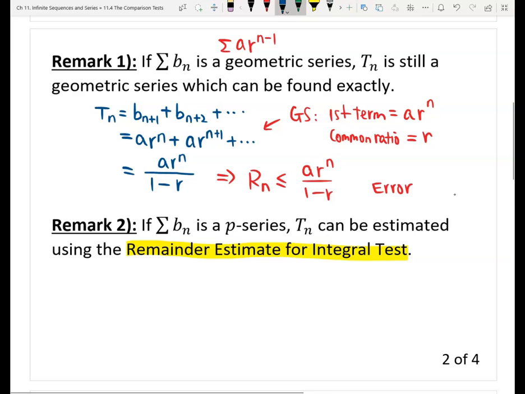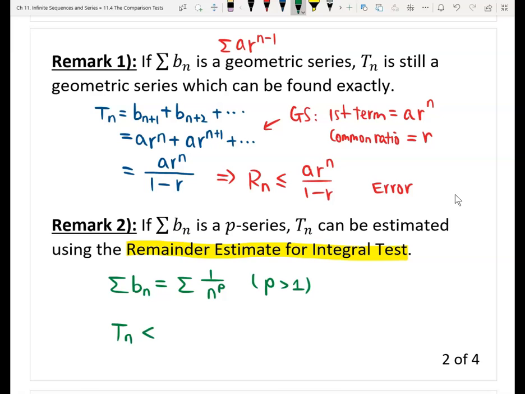What does that mean? Let me write: if the B series, Bn, is a P series, that is 1 over n raised to the P power, this should be convergent. Therefore our P should be greater than 1, definitely. And what is the remainder? If you write the remainder, we call it Tn.